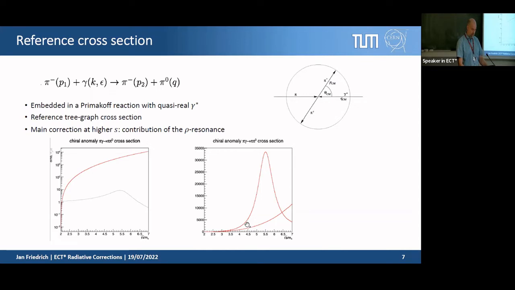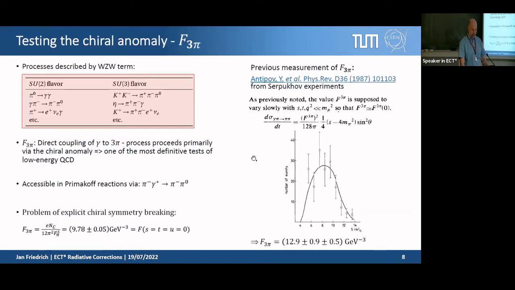And so we will distinguish this low energy part and the rho region part in the following. This low energy part goes, let's say, up to 3 or 4 pion masses. The rho resonance is at 5.5 pion masses.